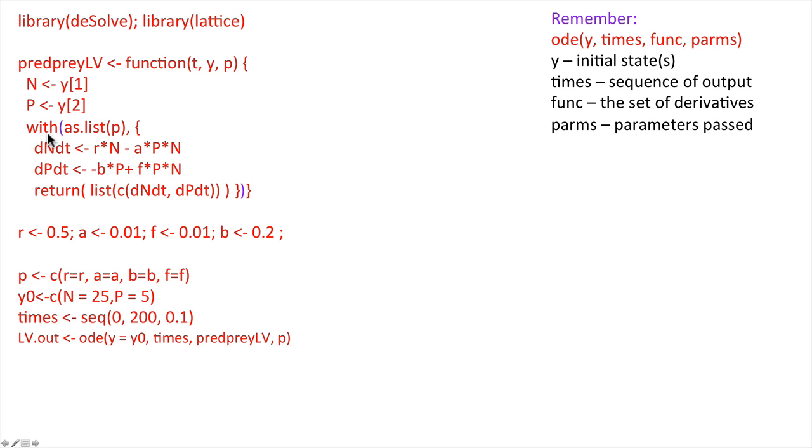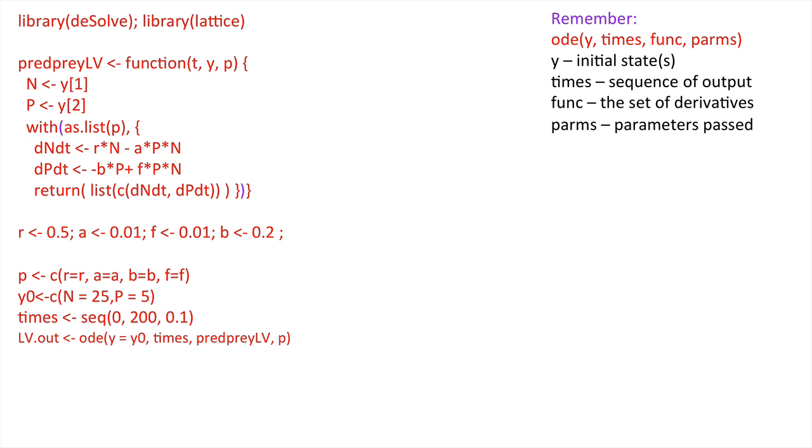Now, using this with and as.list statement, we can use the individual names that we had for r and n within this individual function, rather than have to go to p square bracket 1, p square bracket 2, etc. So it's really quite useful.